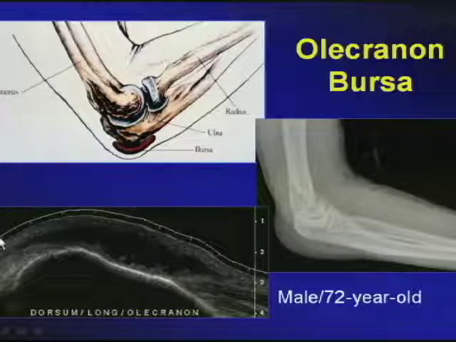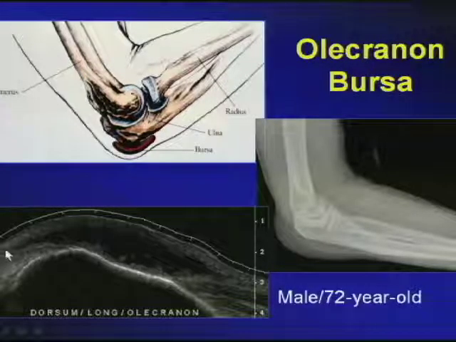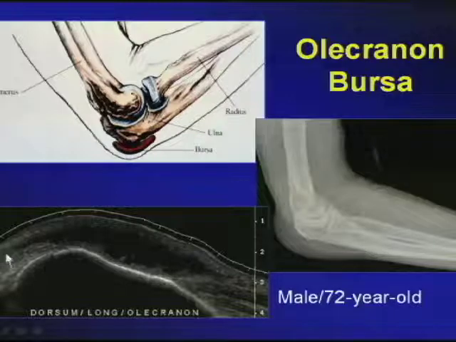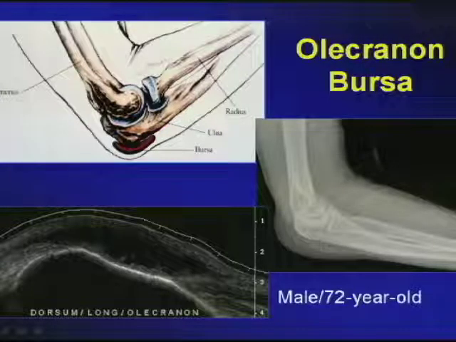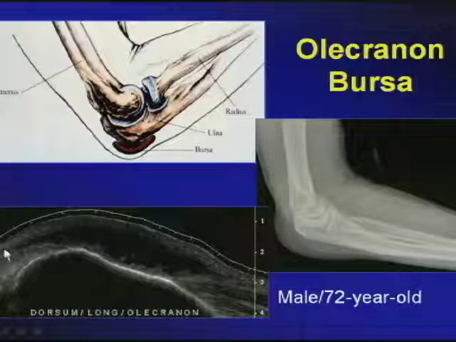The pitfall that sonographers and sonologists encounter is that it's not uncommon for them to stop their examination only at the olecranon process. Little do they know that the olecranon bursa extends distally. So you must insist that you have to explore the olecranon bursa all the way from the distal humerus to the proximal part of the ulna.